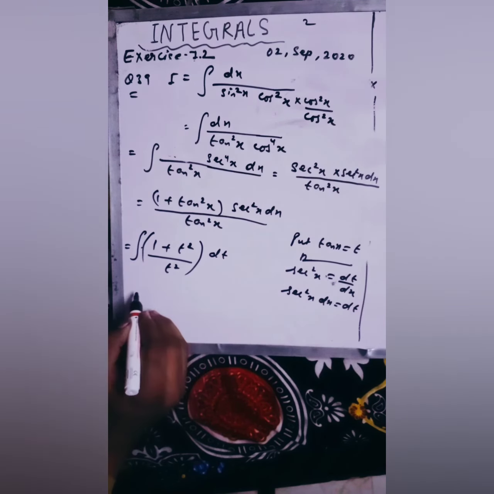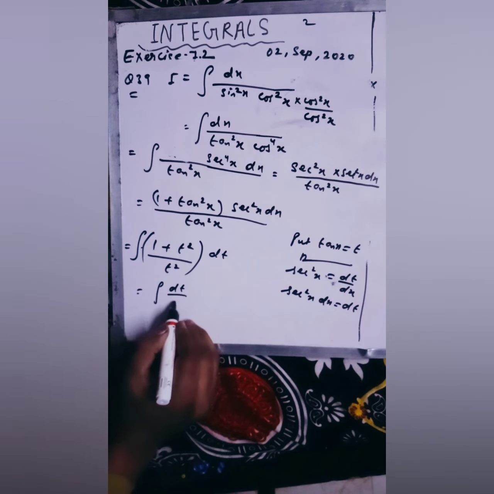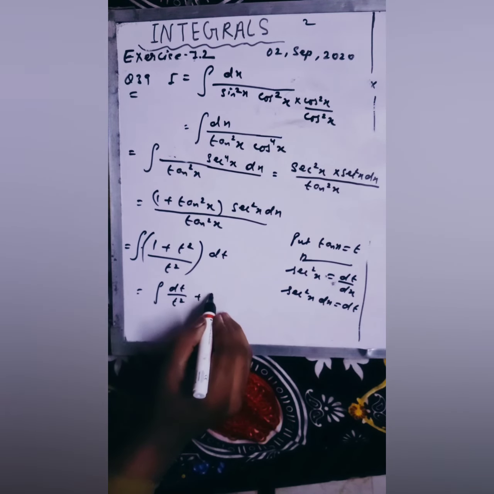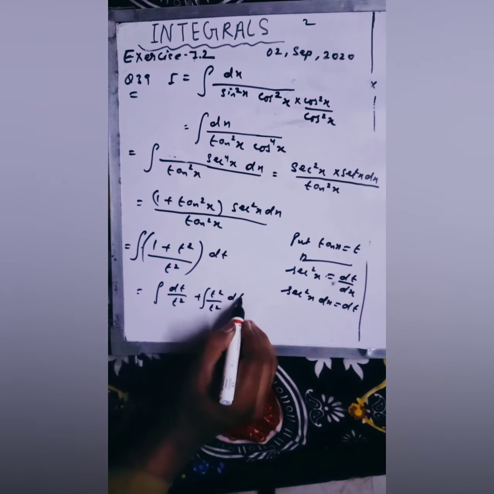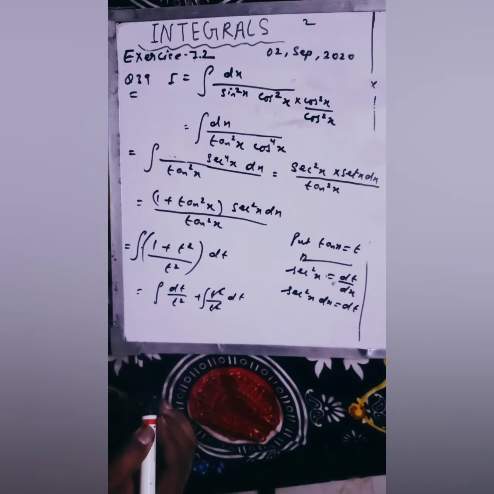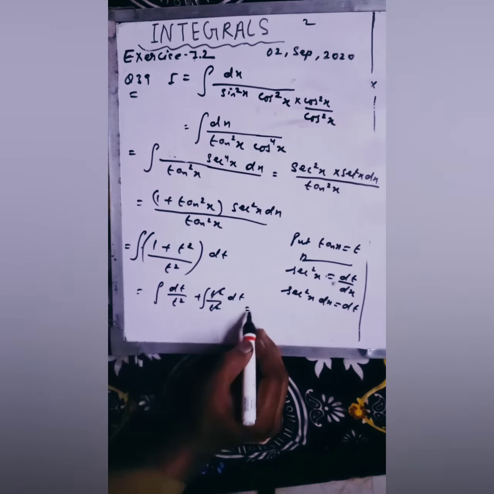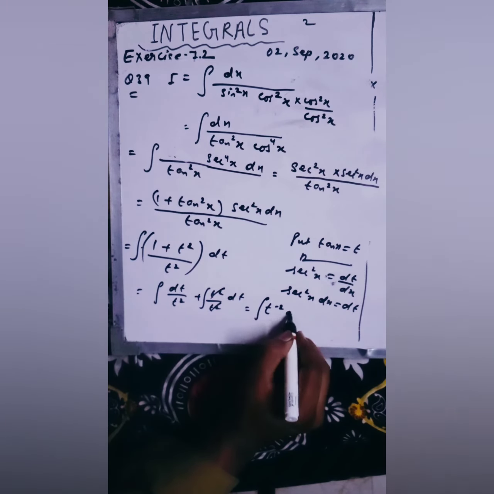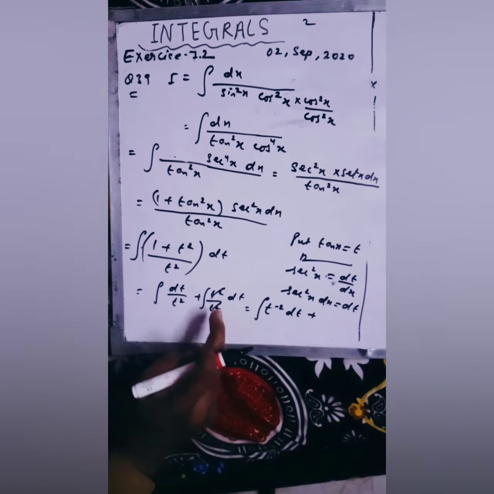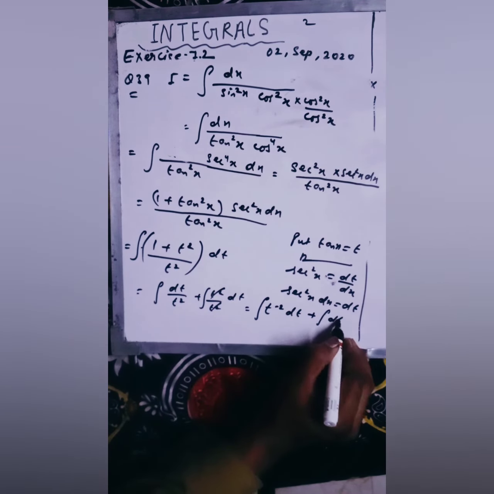Okay, now you have to separate the integral: dt by t square plus t square by t square into dt. This and this will cancel out. Okay, and this can be written as the integral of t raised to power minus 2 dt plus the integral of dt only.